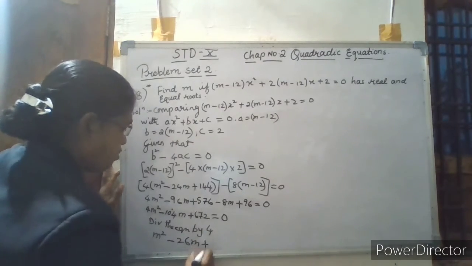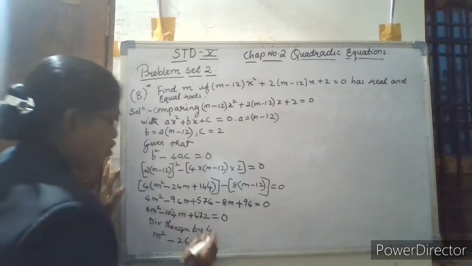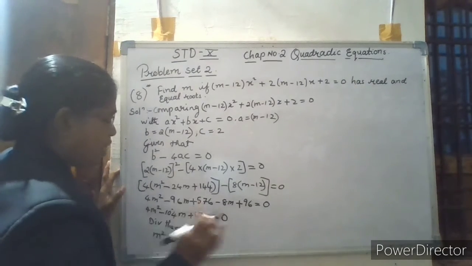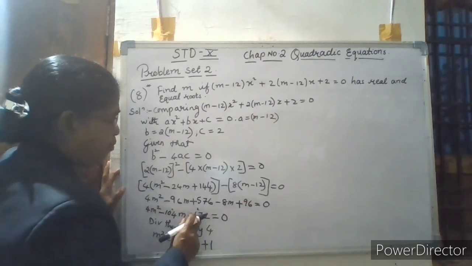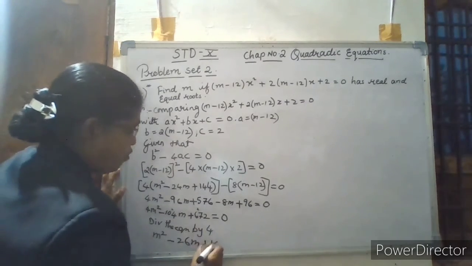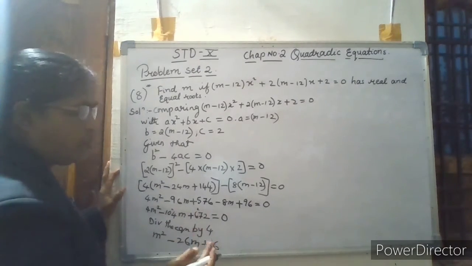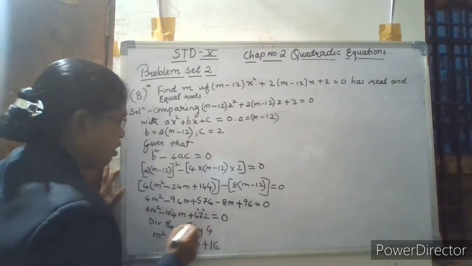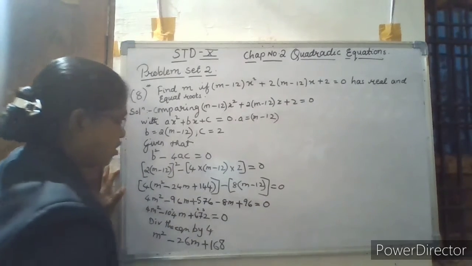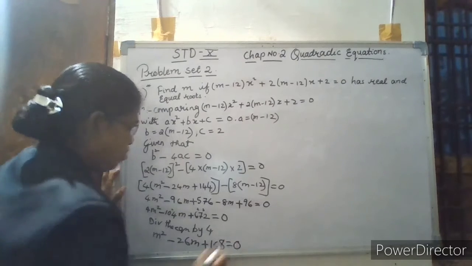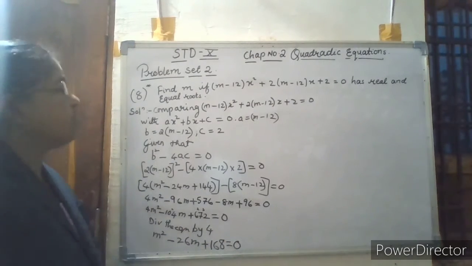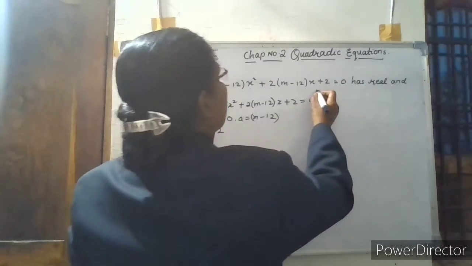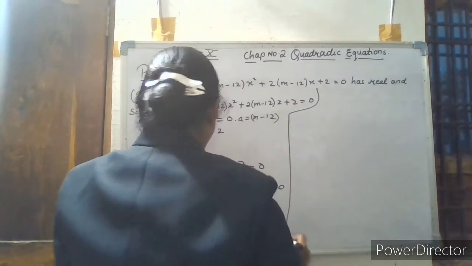Then plus, again divide this by 4: 672 divided by 4 is 168. This is equal to 0. Now we got the quadratic equation in the simplest form. Now we will solve this quadratic equation.